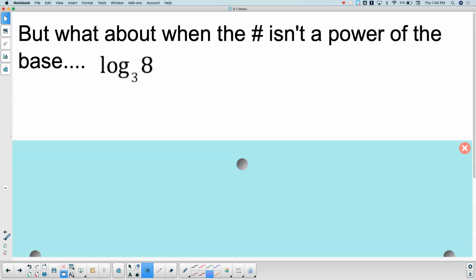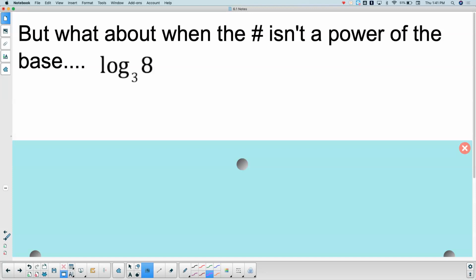There is no exponent that I can put on 3 to get me 8. Right? I can guesstimate it. What would a good guesstimation be for the valuation of this log base 3 of 8? 1.8-ish?